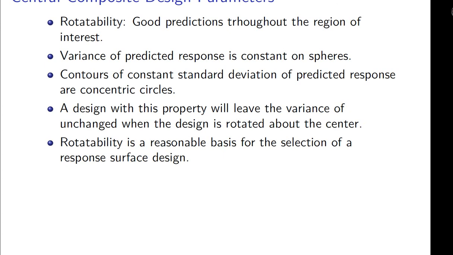The number of center points and the number of axial points will depend on the size of the fractional design and the order of the surface. Presumably, we're interested in a second order model or higher, and the basis on which we'll choose the model will be the rotatability in its geometric sense.